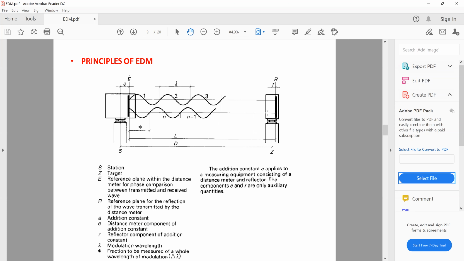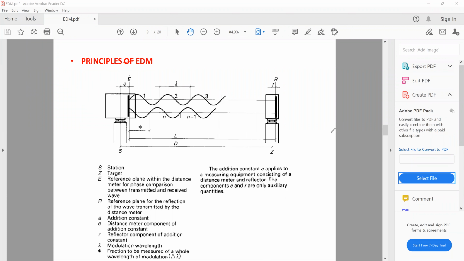So on the first point, you set up your instrument, the EDM, and on the second point, you set up a reflector or a prism. Or for that matter, even if you want, you don't have to place anything. This reflector prism is placed over here because you want to reflect back that electromagnetic energy.